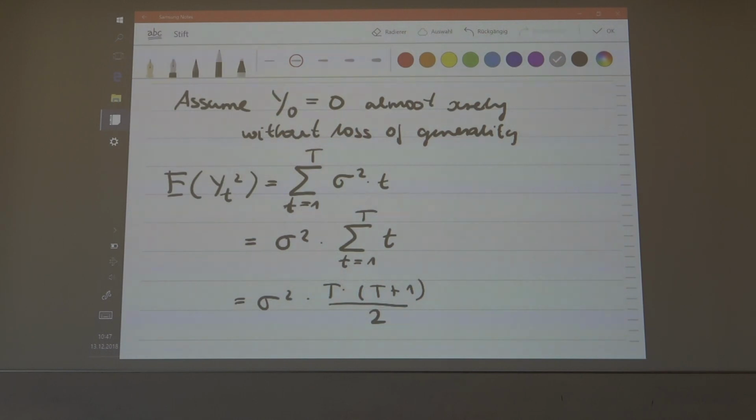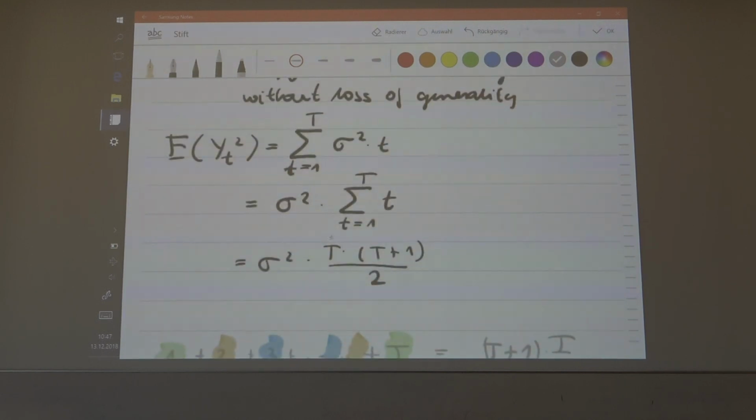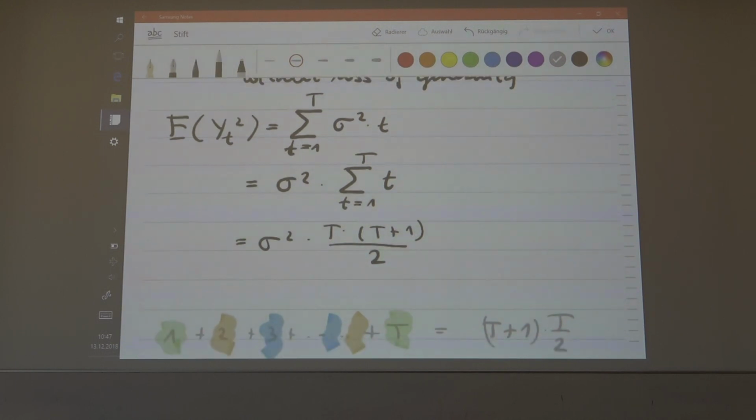Now, what's the problem here with this? If you look at the expectation of the square minus the square of the expectation, this illustrates that this expression, as t converges to infinity, converges to infinity almost surely.